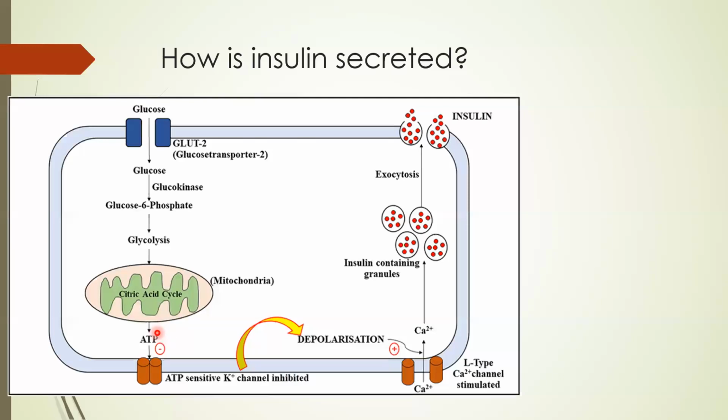When this ATP rises in the cell, it causes closure of the potassium channel, which causes depolarization of the cell membrane, opening the calcium channel with calcium entry into the cell. As calcium enters, insulin is released from the insulin-containing granules into the bloodstream. So insulin release is dependent on glucose entry into the beta cell.